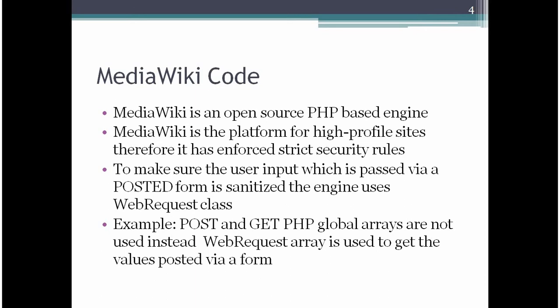But in MediaWiki, they make sure to sanitize the values submitted in forms by the user to make sure that no bad code can be used by hackers to exploit the wiki. So they don't use the POST and GET global variables. You will notice that there is a class called WebRequest, and there is a global array called WebRequest. It functions the same as the POST and GET arrays. It actually combines both of them into one secure array.